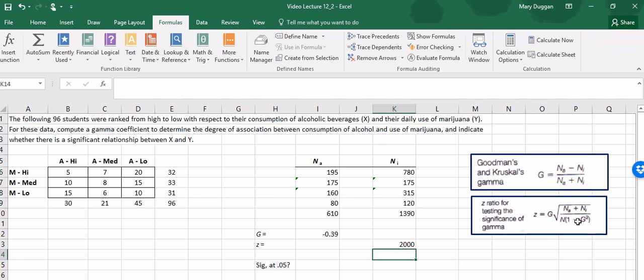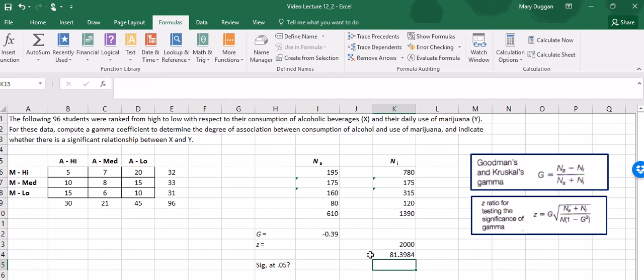And the next thing I'm going to do is the denominator, which is the number of participants we have, 96, times 1 minus g squared. So that is going to be 96 times, in parentheses, 1 minus our gamma squared.